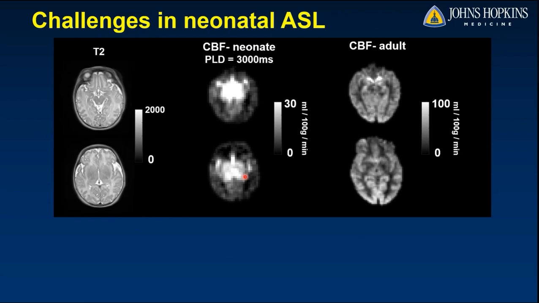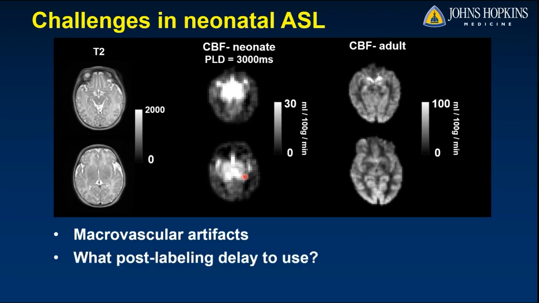A common way to eliminate this macrovascular signal is to use a longer post-labeling delay. However, even though I didn't display it here, we have tried to extend the PLD to 4 seconds, but it did not remove this hyperintense signal, which suggested that increasing PLD does not help.